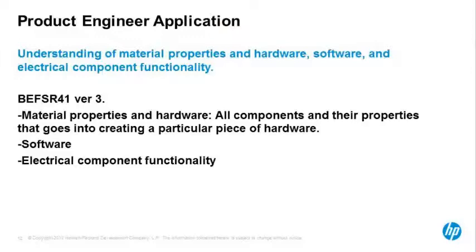Then moving on with understanding the material properties and hardware and software and electrical component functionality. Material properties, I guess one way to explain it would be the properties of the materials that we're going to be using, like the strength, the durability, everything that goes into making a good product, and trying to see exactly how much it's going to cost to make it.